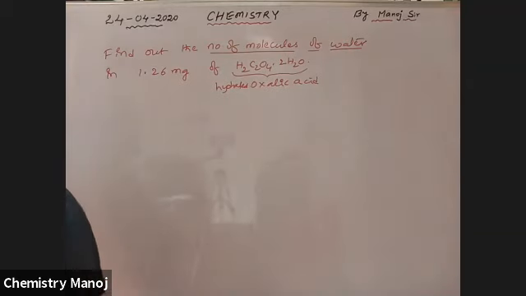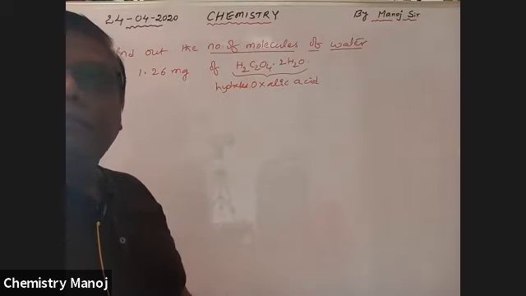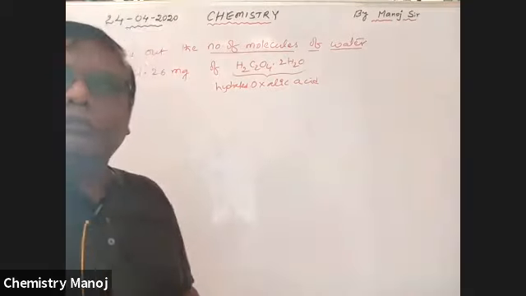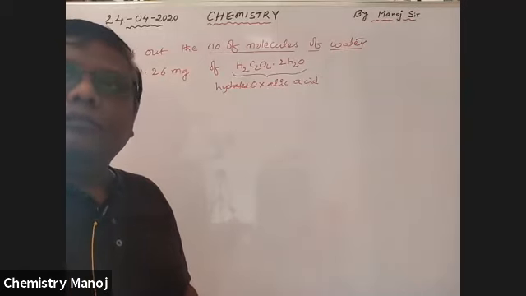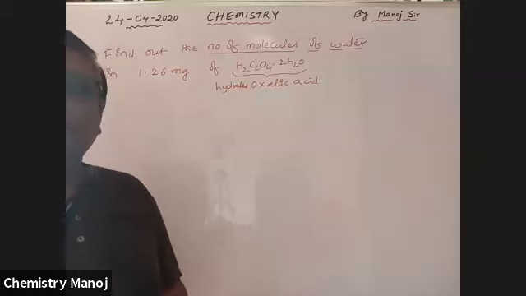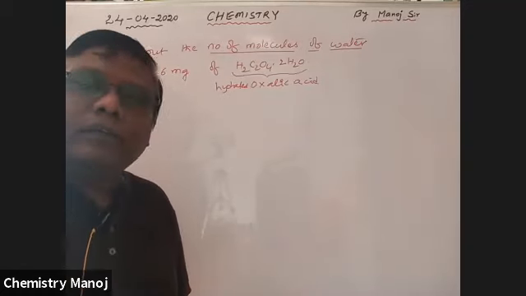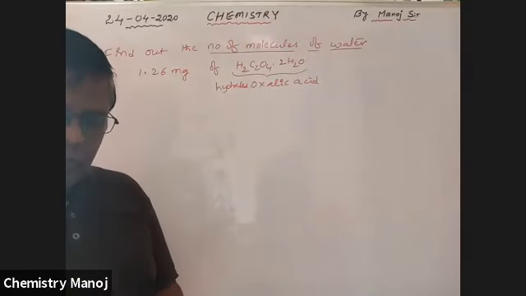0.02 moles is wrong. 2 into 10 power minus 5 moles.